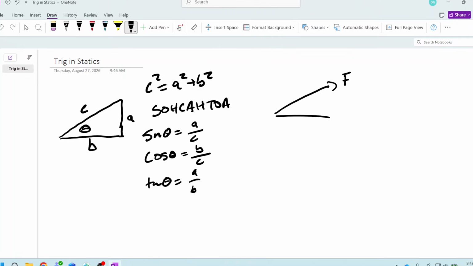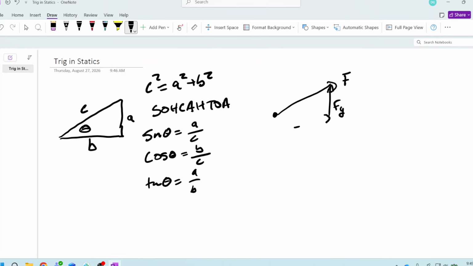You can draw whatever kind of triangle you want, but for me, horizontal is the x-axis and vertical is the y-axis. And we know when we sum vectors, we go tip to tail. And so F of y we draw as a triangle, but it actually acts at this point right here. So just kind of keep that in mind.